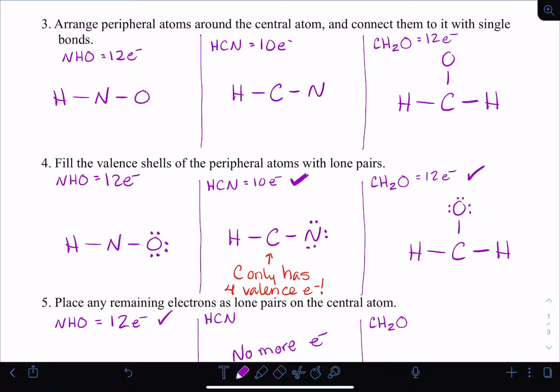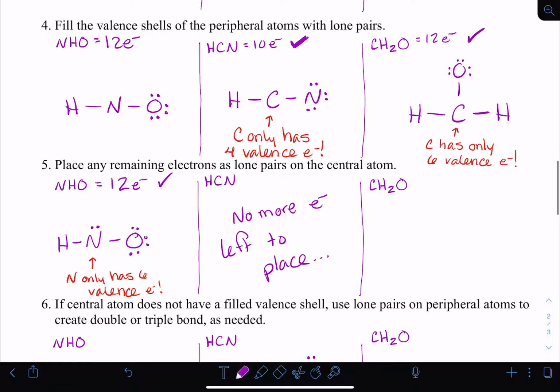So again, we have the same problem that our central atom, in this case carbon, does not have enough valence electrons. Here we have only 6 from the 3 bonds that it's involved with, and we don't have any lone pairs left to give it. We don't have any electrons left. So once again, we're pretty much going to skip over step 5 here. We have no more electrons left to place.